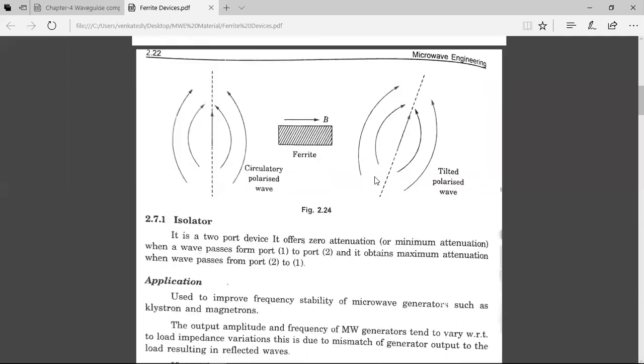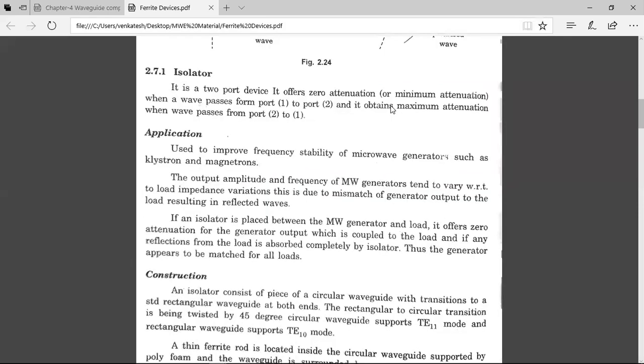We have come across this isolator. Can anyone of you tell me what is the functionality of the isolator? Where have we come across this isolator?